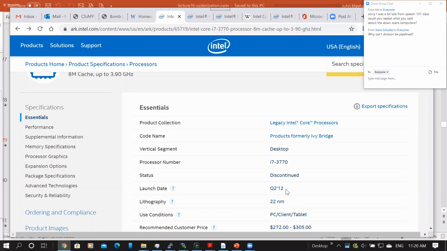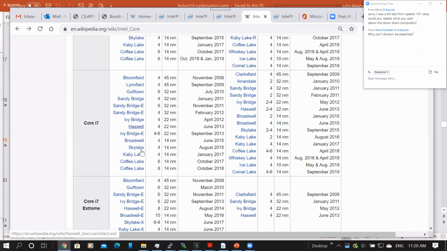So it's real close to being exactly similar to a Haswell. It's the one right before the Haswell came out. And then the one in the 405 lab after the Haswell came out, and the ones downstairs are the Kaby Lakes, relatively. I don't remember what the ones in 420 are. I think they're one of these two.